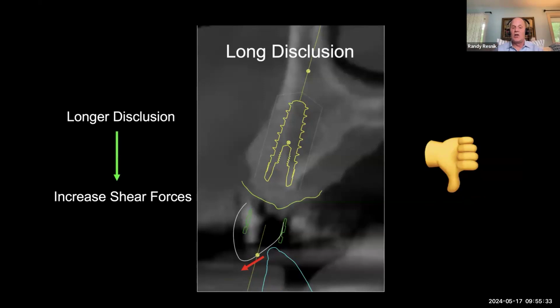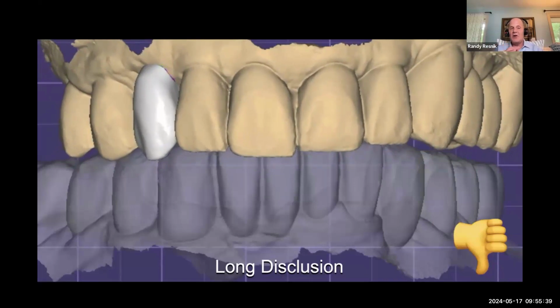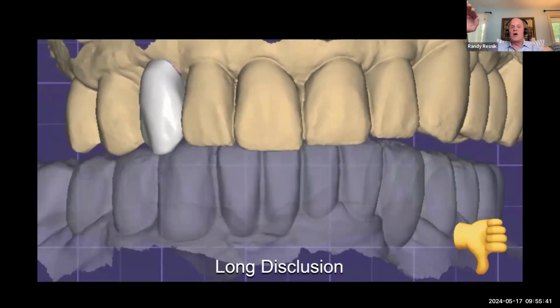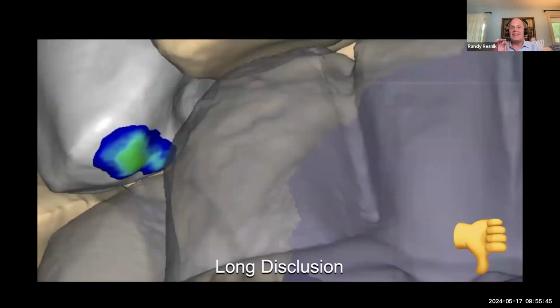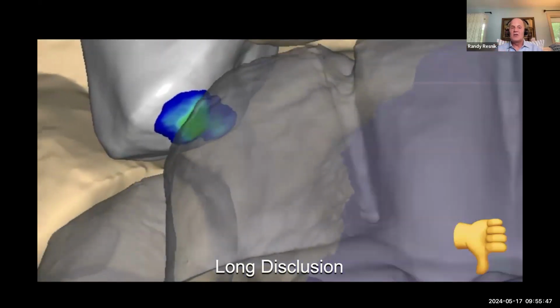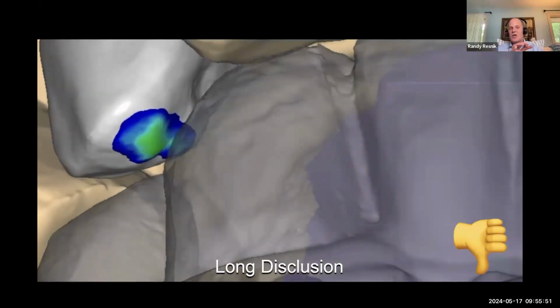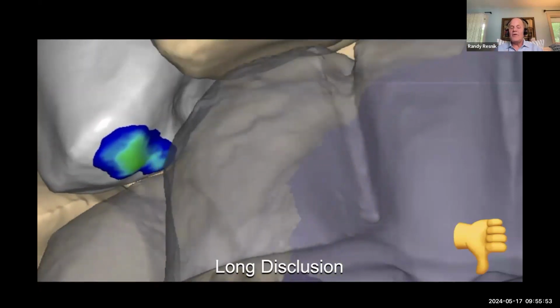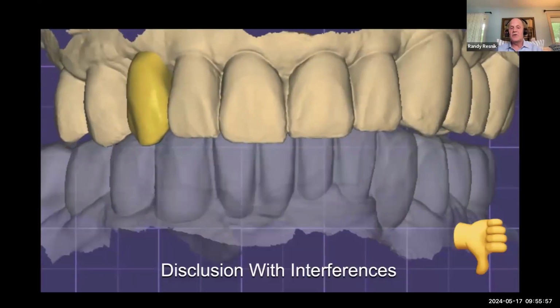We don't want a long disclusion because that increases shear forces. So what do I mean by that? Here you can see where you have this long disclusion, and that is all dictated by the design of the prosthesis. As this diagram shows, when you disclude, you have a very long disclusion. So that's going to be a lot of shear forces.